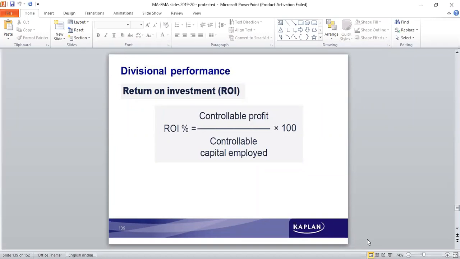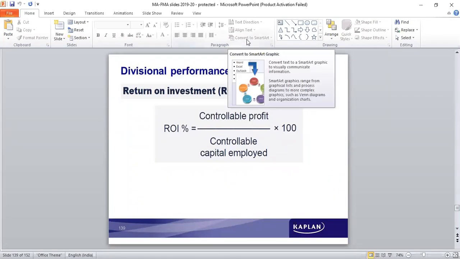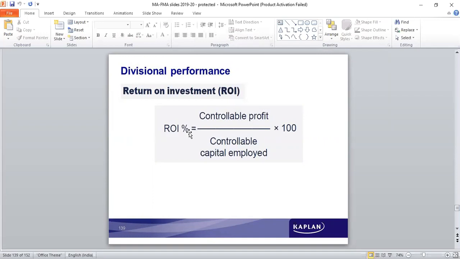If they are divided into divisions, certain ratios are calculated to evaluate the performance of the division. First one is ROI. Just now I explained that it is used as an interchangeable term with ROCE. It talks about profit divided by capital employed, or profit divided by investment.